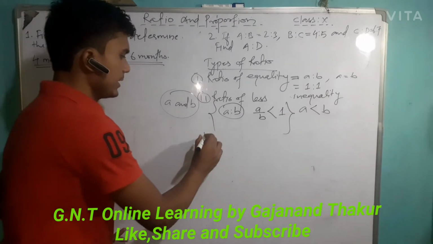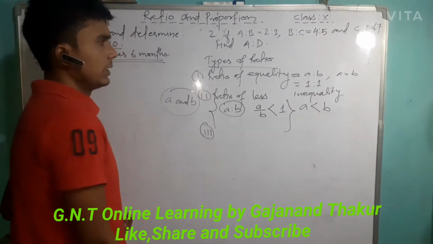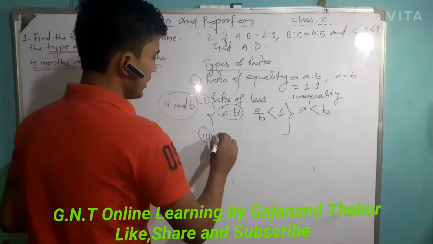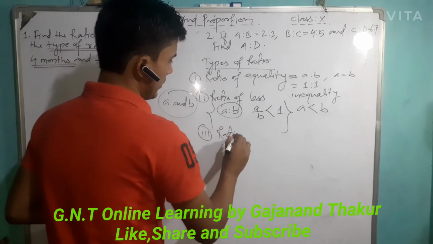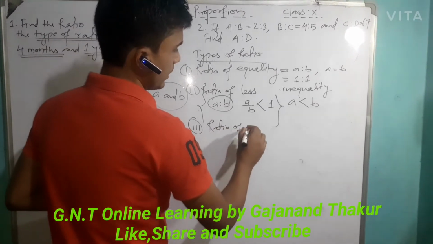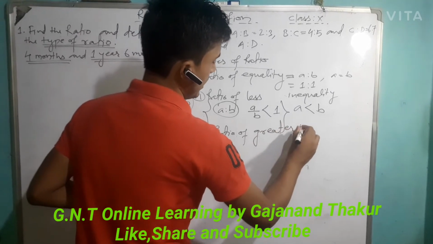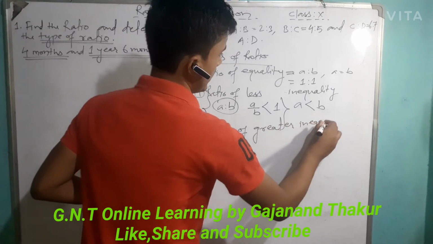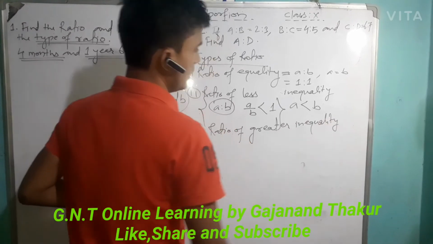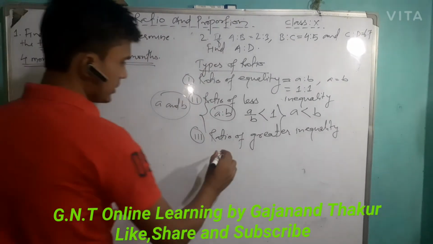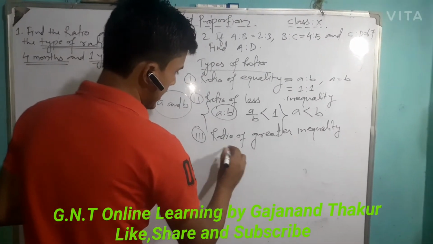Now in case of number three, the third type of ratio, we have got ratio of greater inequality, right? When we talk about the ratio of greater inequality, let's take A and B as the ratio.